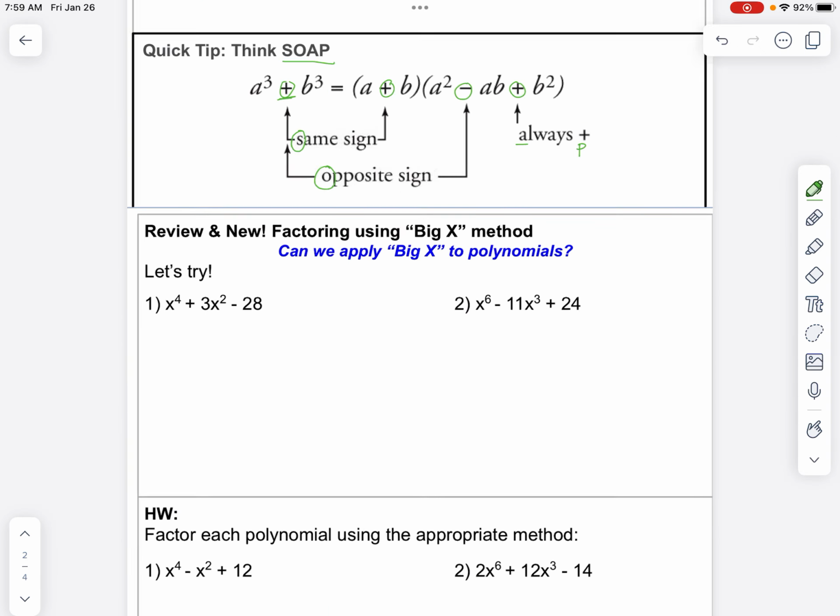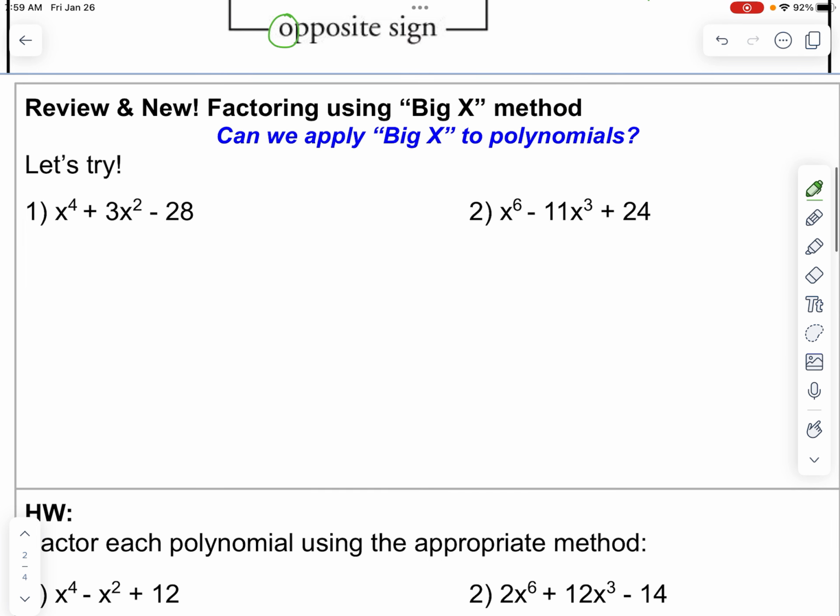All right, so now the last one we're going to do in this video is factoring using the big X method, which is partially review, but it's also a little bit new because we're going to extend it past just x squared. We can also factor big X for trinomials with powers higher than x squared. Now, in order to do this, it is important.